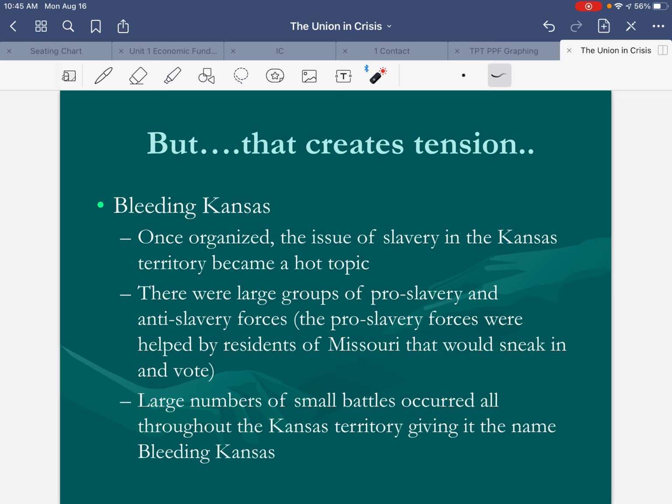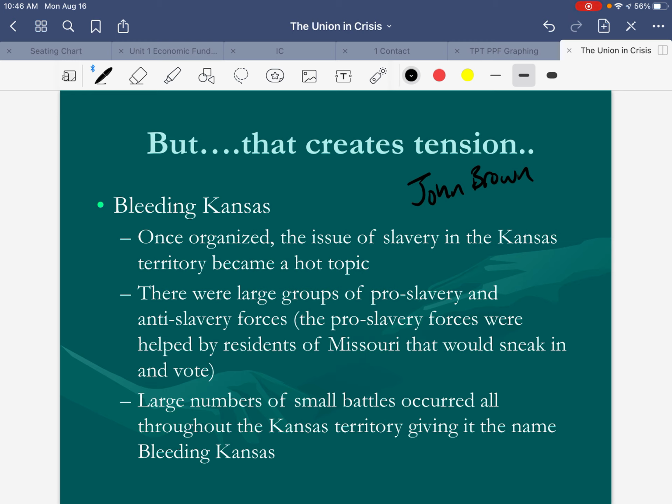People who didn't live in Kansas would sneak in and vote for either side. They were called border ruffians. Large numbers of small battles occurred, including a battle called the Pottawatomie Massacre, where John Brown, we'll learn his name later, fought and killed people who were pro-slavery, and the pro-slavery people were fighting back.